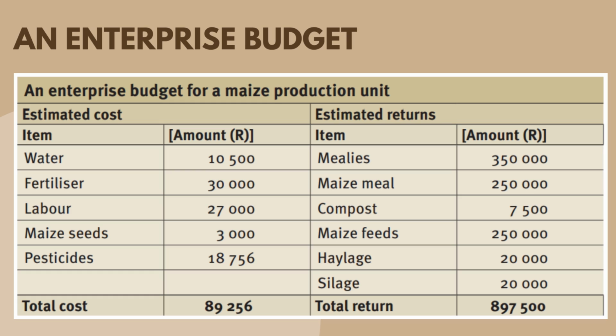Here's an example of an enterprise budget. This enterprise budget is for maize. These are all the estimated costs for our maize production, and these are all the estimated returns for our maize, right? You're going to list all the items that are needed for you to produce maize.